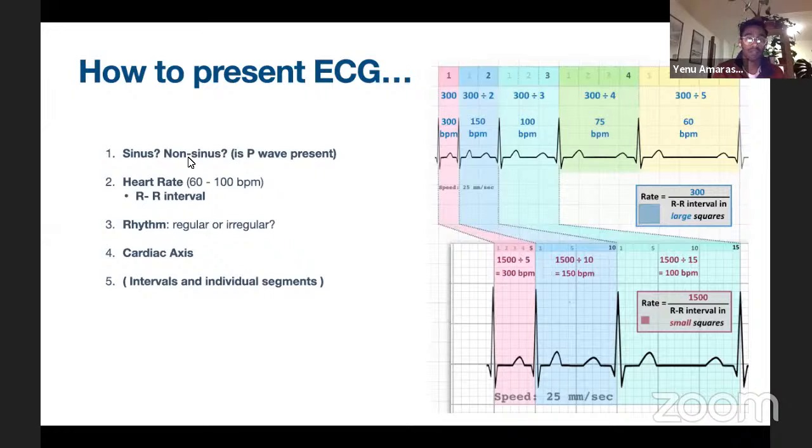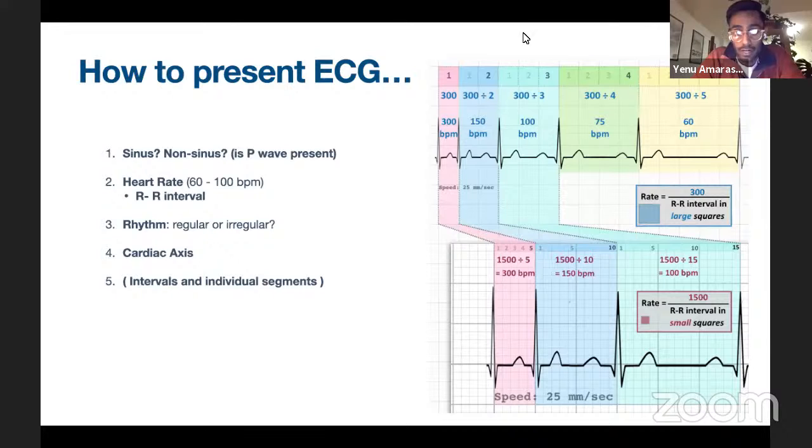By that, I mean, if there's a P wave present before each and every QRS complex, which denotes the atrial activity. And the heart rate, is it bradycardic or tachycardic, or is it within the normal range? If it's bradycardic, it's less than 60. If it's tachycardic, it's more than 100. And this can be calculated by the RR interval.